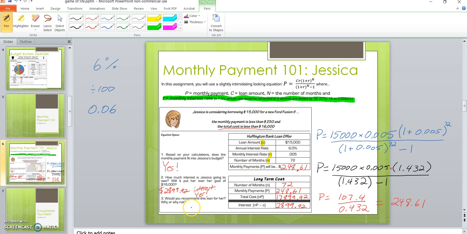Or you could not recommend this to her because she would end up paying a total cost of $17,899 when she only wanted to spend $16,000. I will leave this question blank, but what I would be expecting in this one is for you to answer within maybe 1 to 3 sentences. Go ahead and complete the rest of the character profiles.